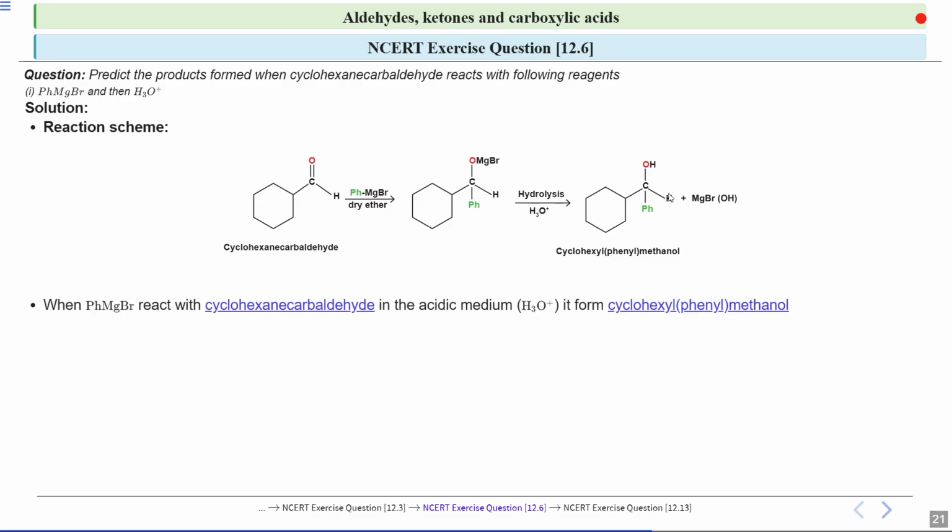So the product finally is cyclohexyl phenyl methanol. This means that the phenyl group has attached to the carbon that was originally part of the aldehyde group, and now that carbon is bonded to an OH group, which makes it an alcohol.